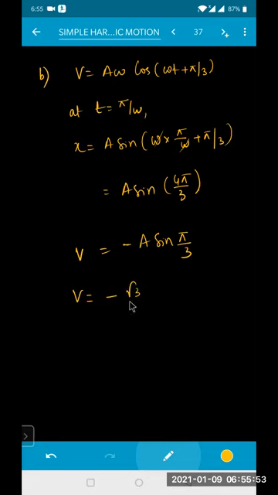So it is root 3 by 2 into A. So this is your amplitude, sorry, velocity. V is equal to how much am I getting? Minus of root 3 by 2 into A. Yes, sir.